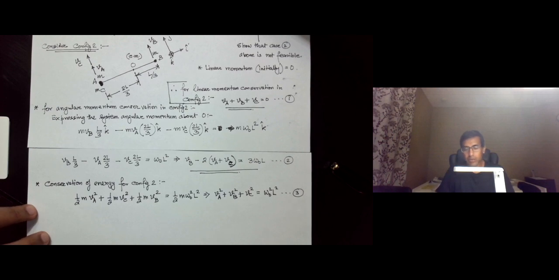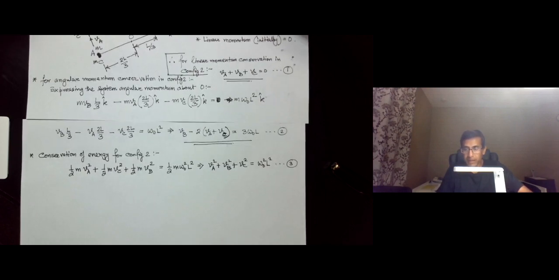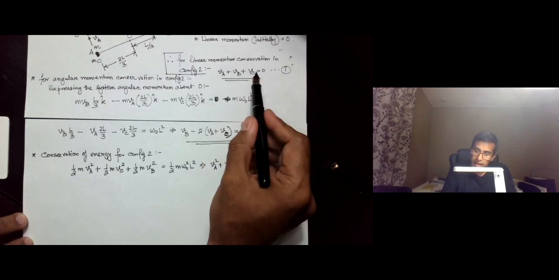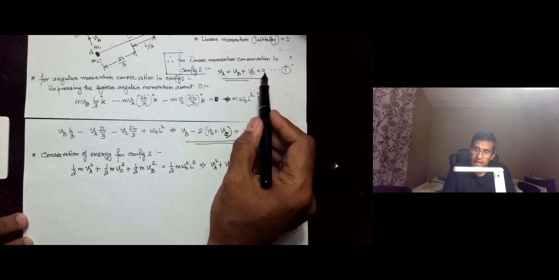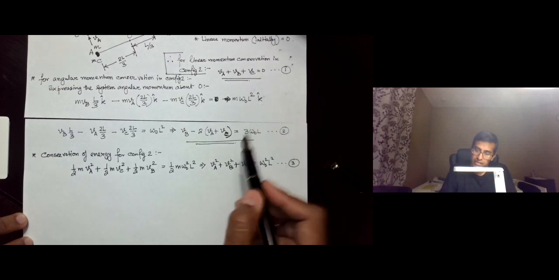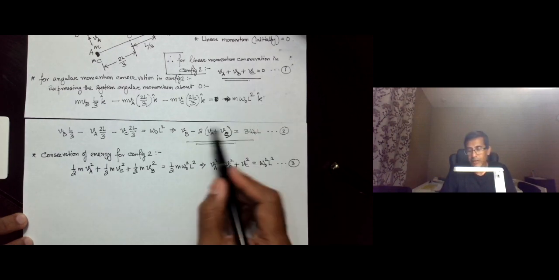Alright, so now it's just a matter of solving these three equations to find the values of VA, VB and VC, and from there to explore the feasibility. So from 1 we see that VA plus VC is equal to negative VB, so we can substitute for VA plus VC in 2.